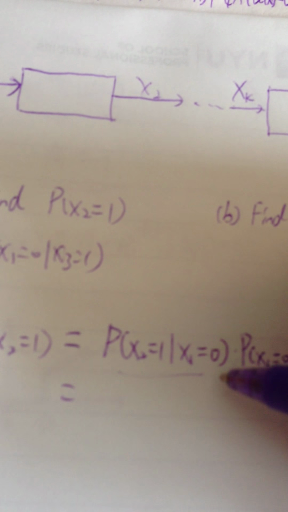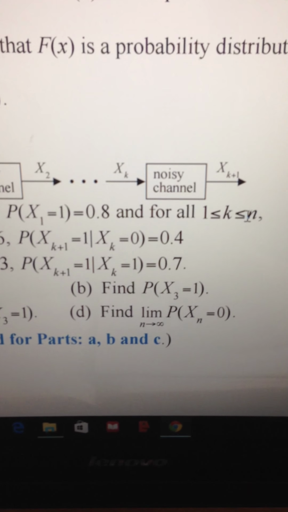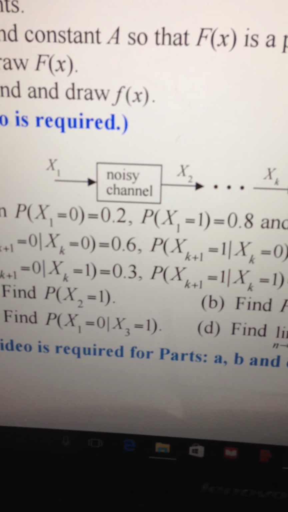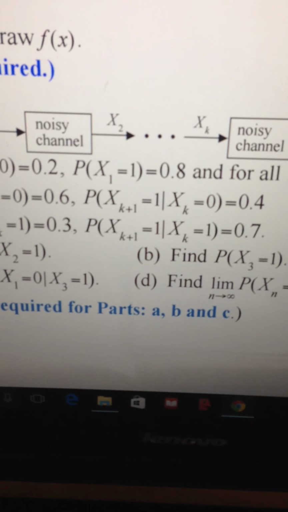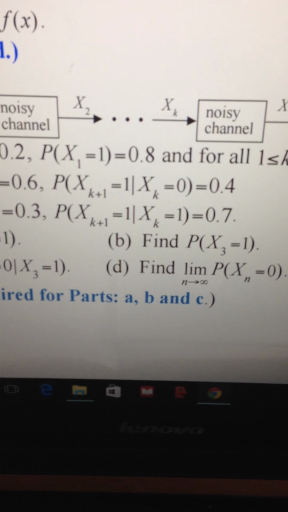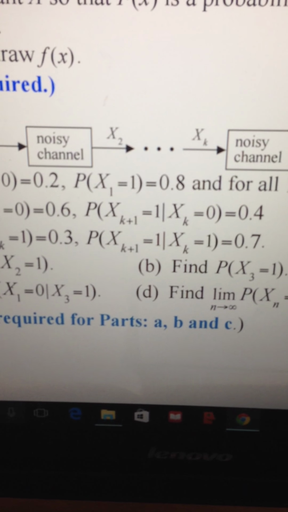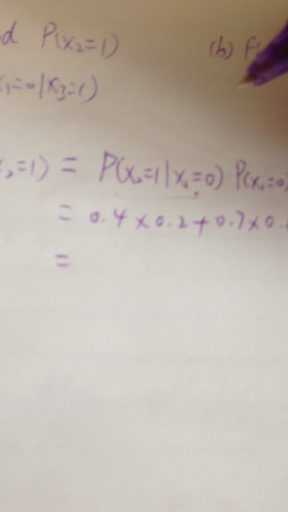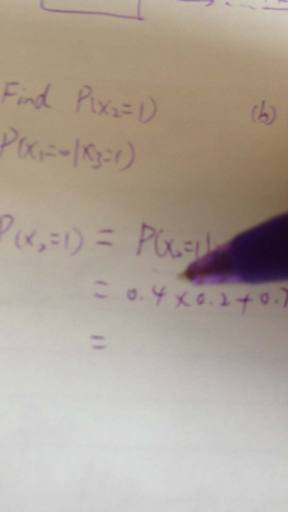So this is 0.4, right? Multiplied by the probability of x1 equals 0, that is 0.2, plus 0.7 multiplied by the probability of x1 equals 1, that is 0.8. Let's calculate this equation.